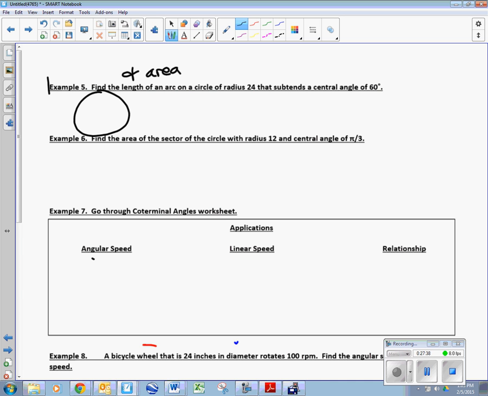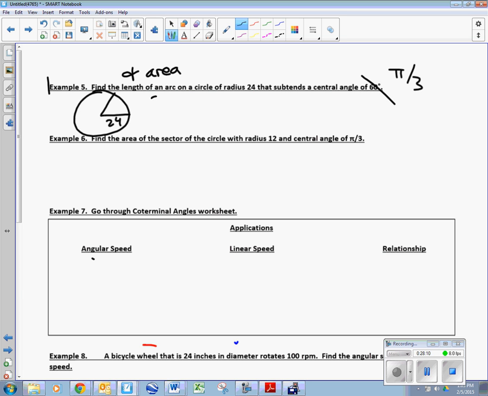So all that means is we have a circle with a radius of 24, and the angle is 60 degrees. Now, do we want to use degrees or radians? So instead of 60 degrees, I should use pi over 3. This will make our formula a lot easier to do.